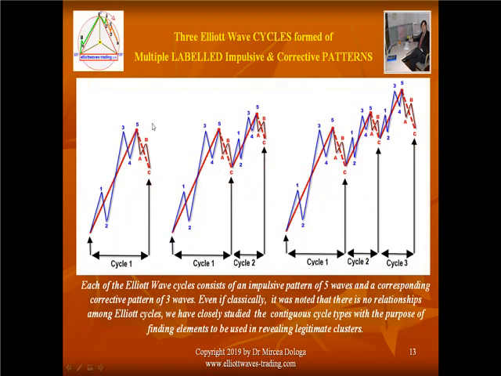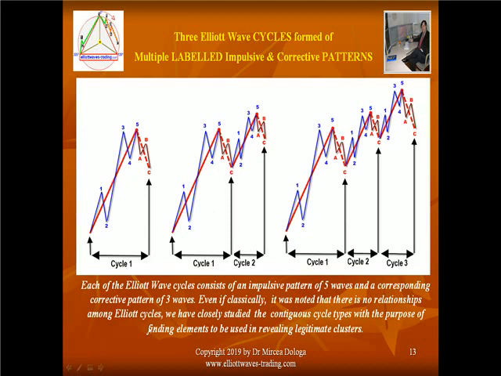Now we have labeled multiple impulsive and corrective patterns within our cycle. This is cycle 1 with its first label fractals. This is the same thing, but we added cycle 2. This is the same thing as the previous, but we added cycle 3.